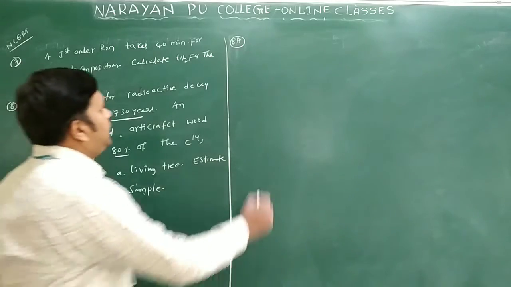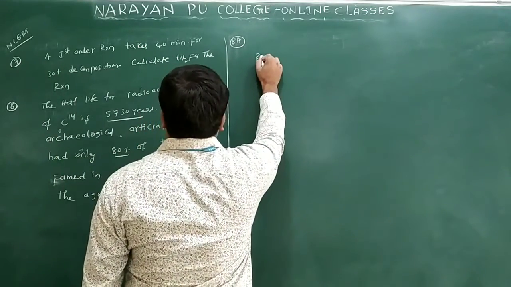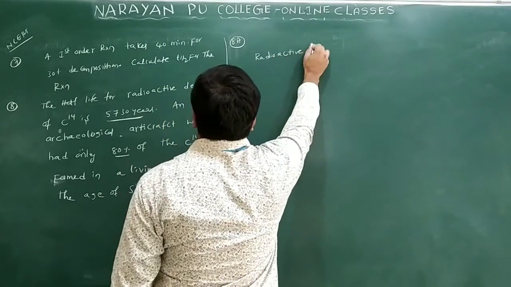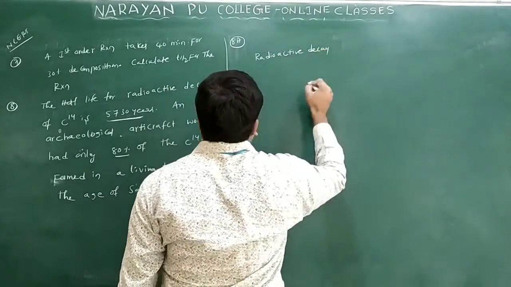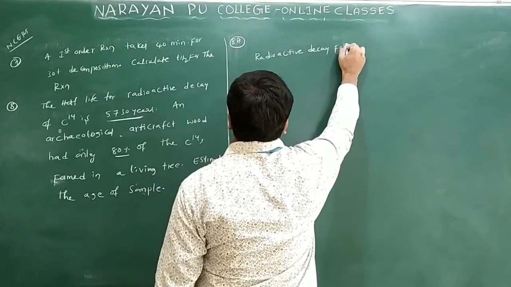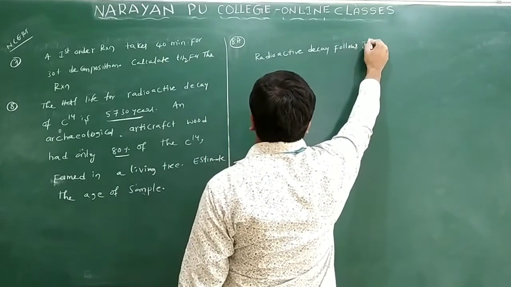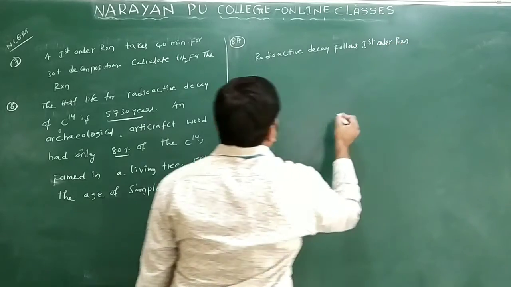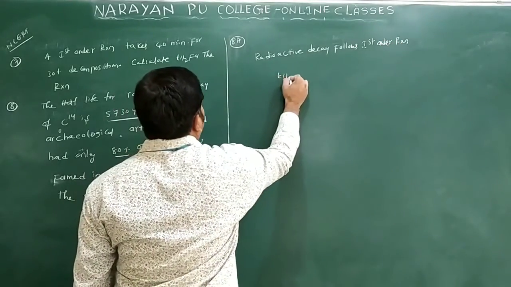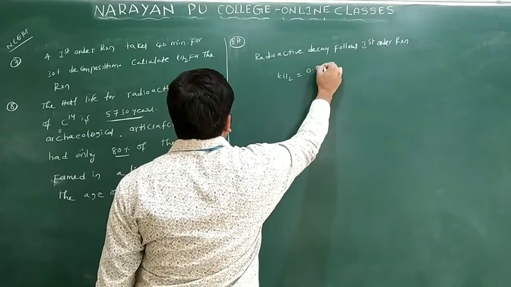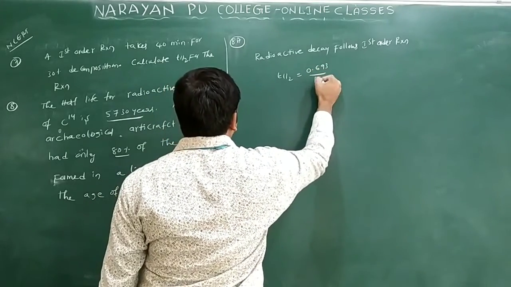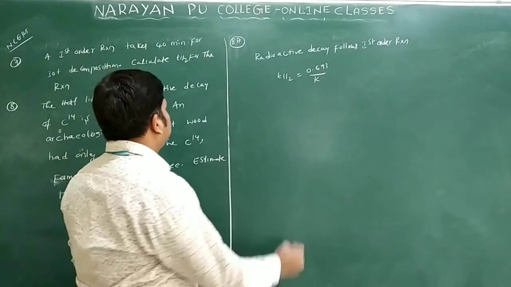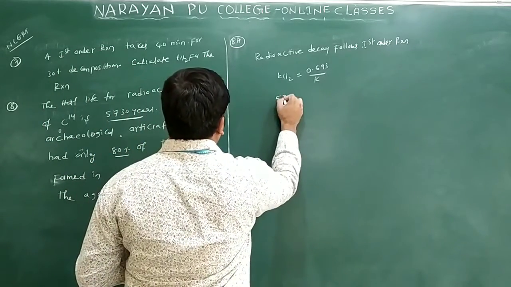So I will write here: radioactive decay follows first order reactions. For a first order reaction, half-life t½ is equal to 0.693 by K. This is the formula. The t½ is given already, 5730.